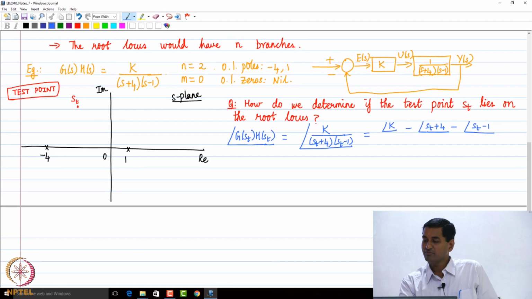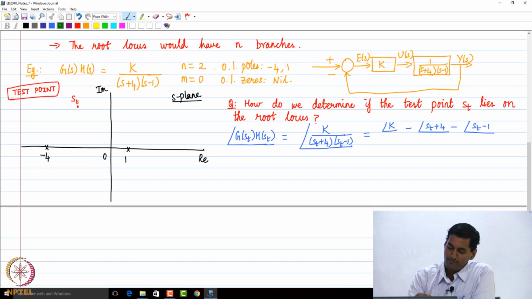Now if I want to figure out the phase of st + 4, how would I do that? What is st + 4? I can write st + 4 as st minus of minus 4. What is st?